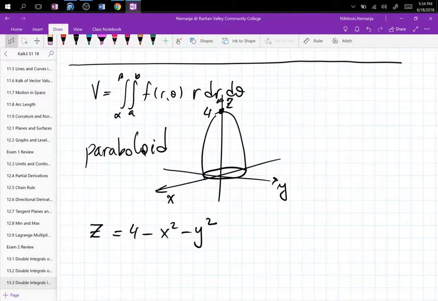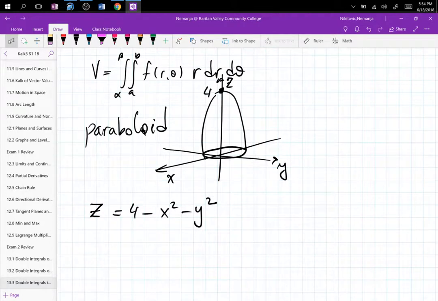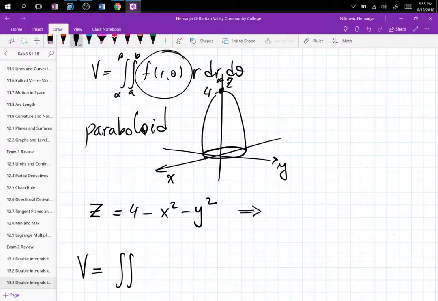It can wrap around the x-axis, and then you can say x equals, or the y-axis, which would be y equals. So I would like to find the volume of this object, and I can do so by first casting this, because I have to plug in the function in terms of r and theta.